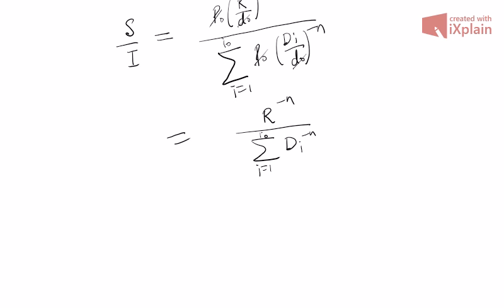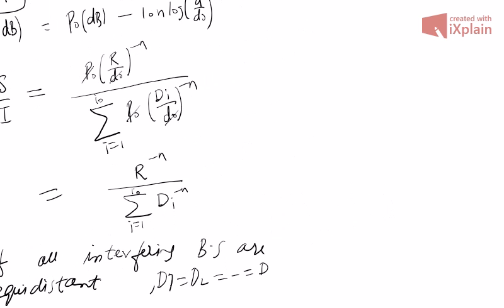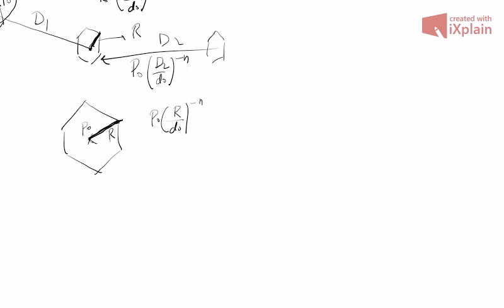Now we assume, and which is mostly true, that all interfering base stations are equidistant from the desired base station, and that D1 is equal to D2, suppose equal to D. That's also called taking only first layer interference.